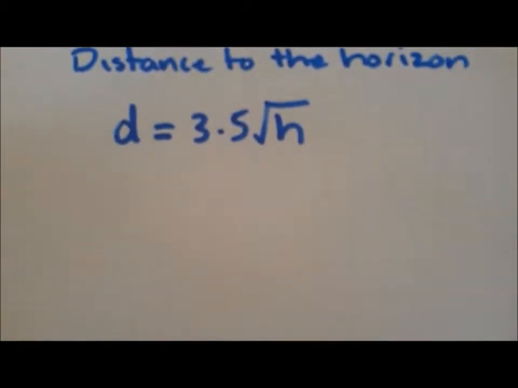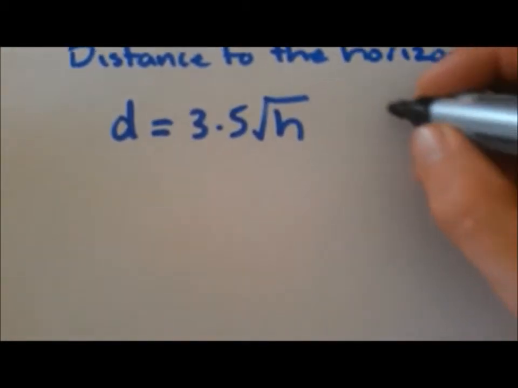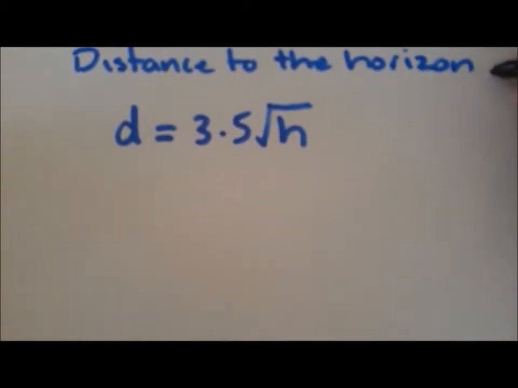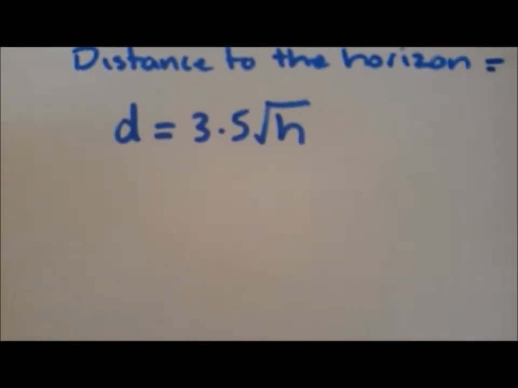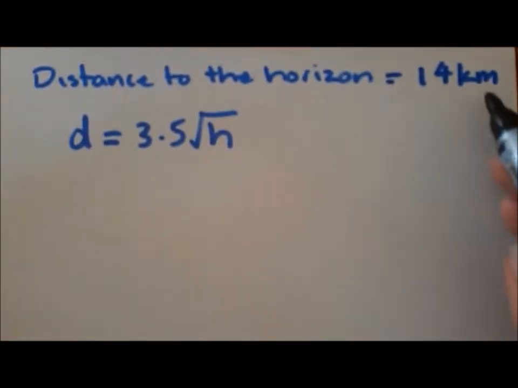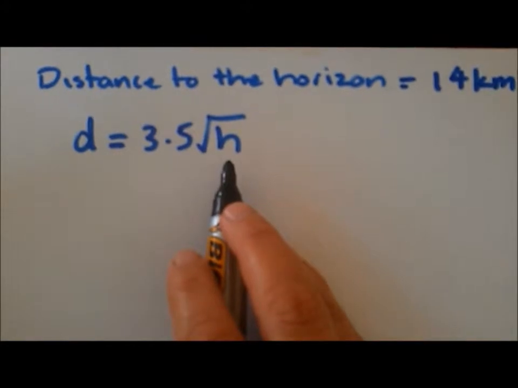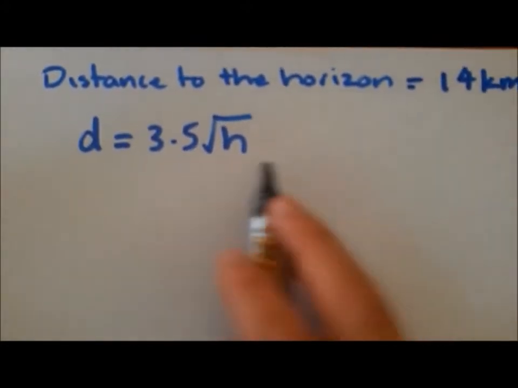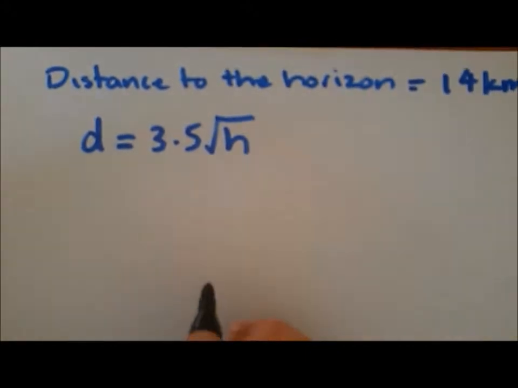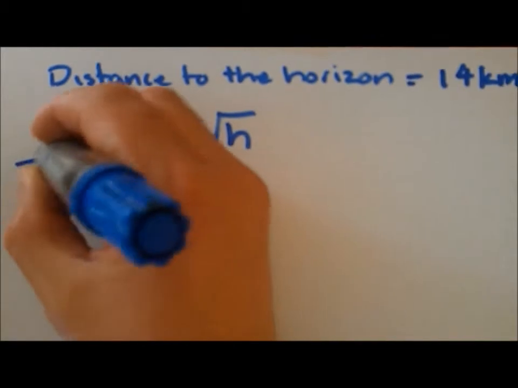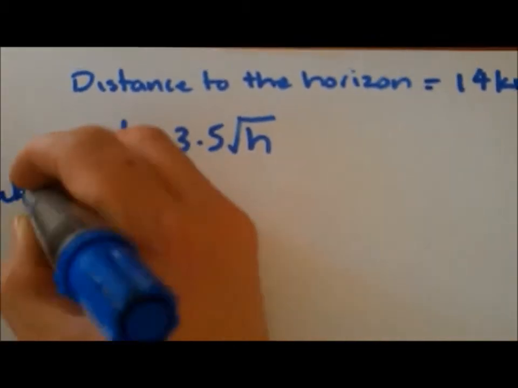Now if we knew in our previous video that the distance to the horizon was equal to, say, 14 kilometres, that's how far we could see from that lookout, then we could use this information to calculate the height a different way.